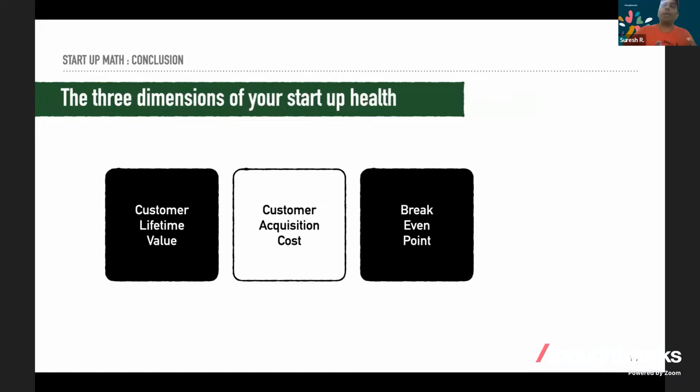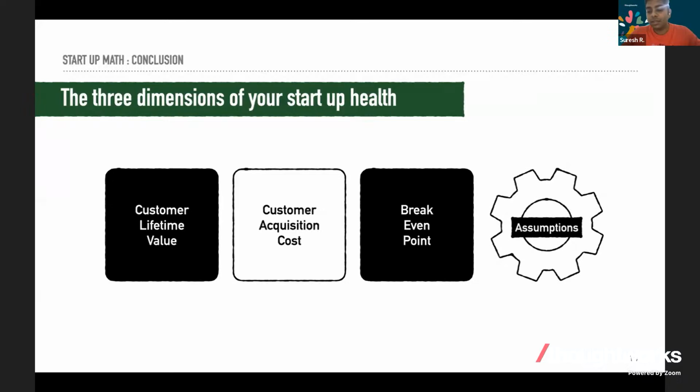So my break-even point says that I need to have 100 customers in the first year, whereas though my customer acquisition cost and everything is positive, I've just made 25 customers in the first year. That means I've not hit the break even in the first year because my fixed cost is very high and I'm not able to generate enough subscriptions to meet that.